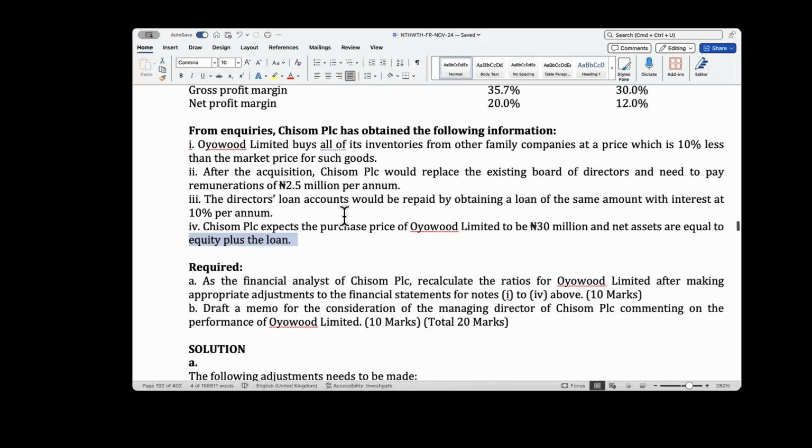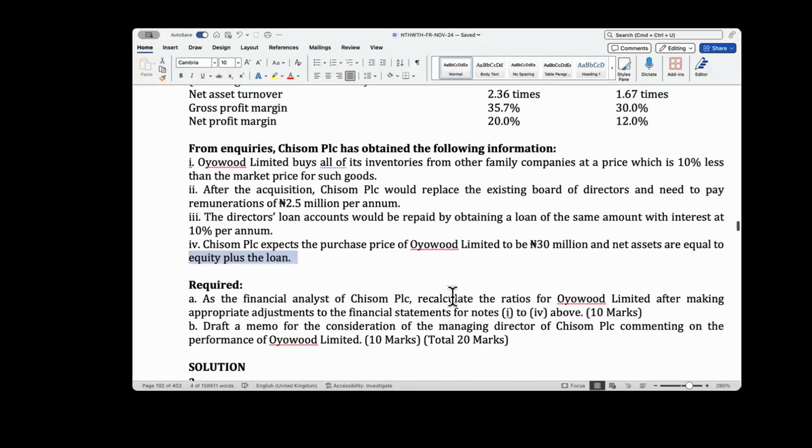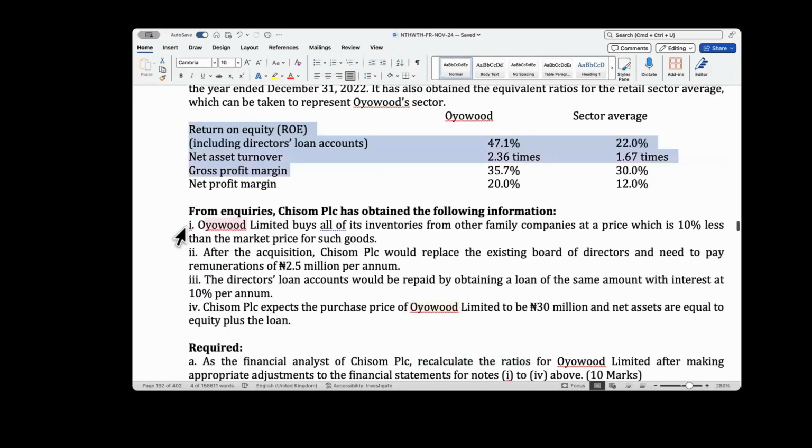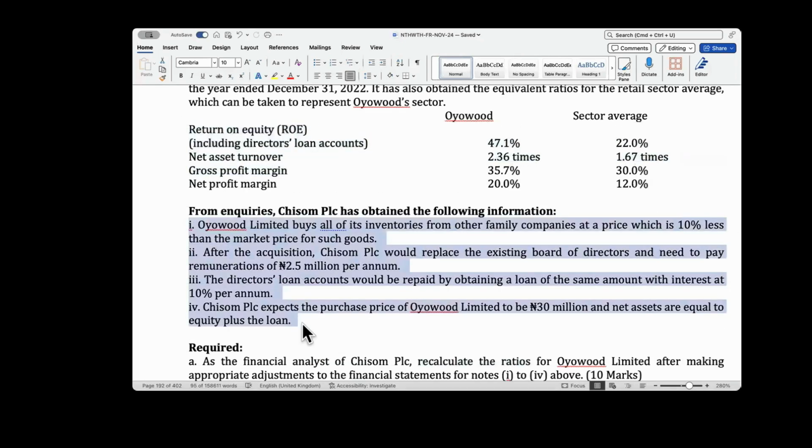Now, the only information I can use to recalculate these 4 ratios given are these 3 pieces of information they gave me. So, I will need to update this inventory because this guy is getting inventory cheaper.